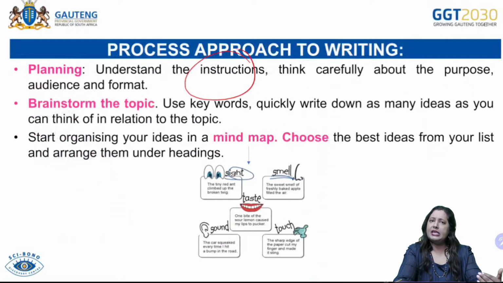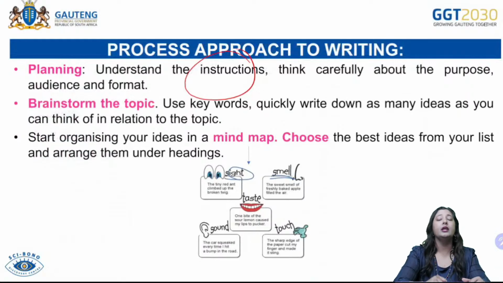Now, in terms of essays, you know there's certain genres that we work with. For example, the narrative, the descriptive, your reflective, your argumentative, your expository, all those types of essays, okay? So you know there are certain things that must be included in that type of writing piece, okay?